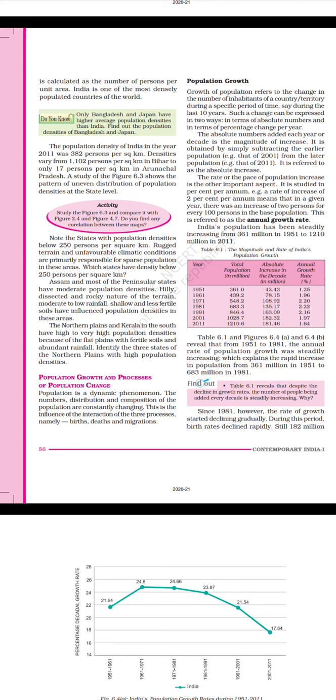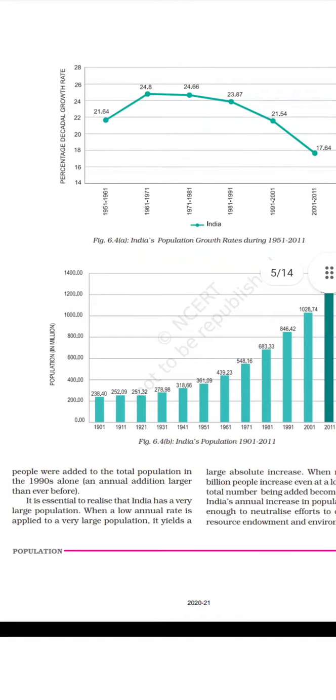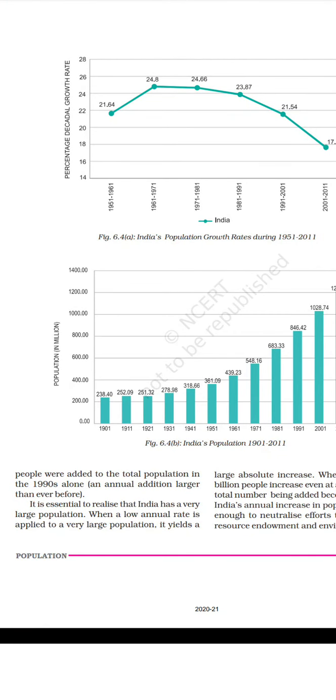During this period, birth rates declined rapidly. Still, 182 million people were added to the total population in the 1990s alone, an annual addition larger than ever before. It is essential to realize that India has a very large population.